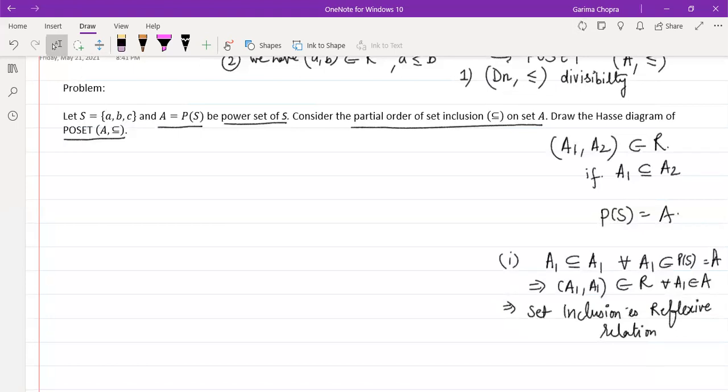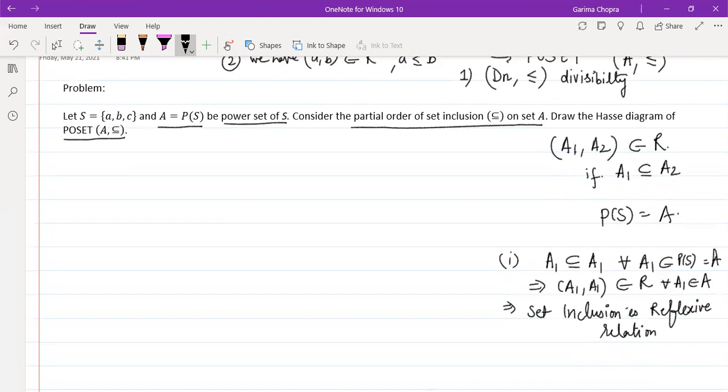If we combine these two results, that A1 is a subset of A2 and A2 is a subset of A1, then it is only possible if both of these sets A1 and A2 are equal. And this proves that the set inclusion relation on the power set A is antisymmetric in nature.